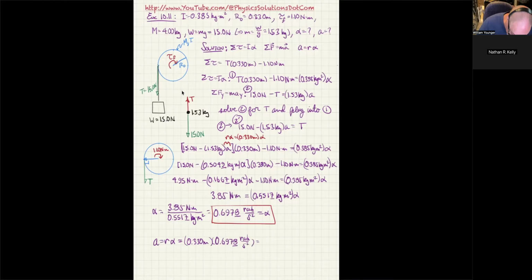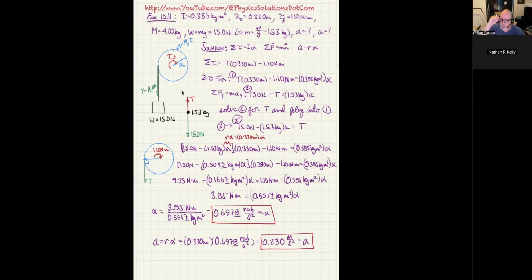And if I multiply that times 0.33, then I get 2.30, and that unit is meters per second every second, and that's equal to A. So now we have computed the linear acceleration.